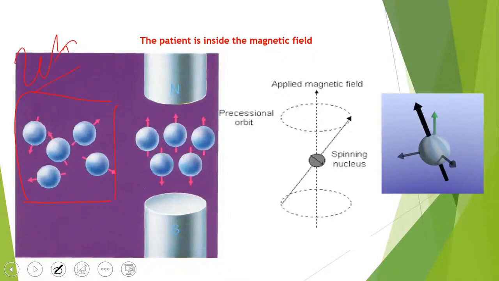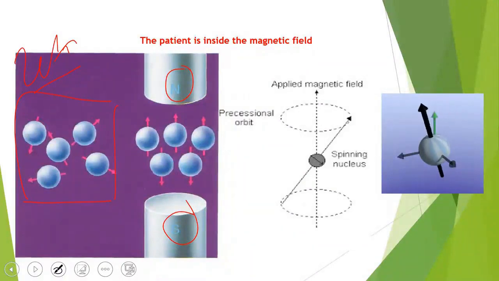So when protons are placed in a magnetic field, they become aligned with the main magnetic field, which has two poles, the south pole and the north pole. The number of protons aligned with the magnetic field will be greater than those that are antiparallel.